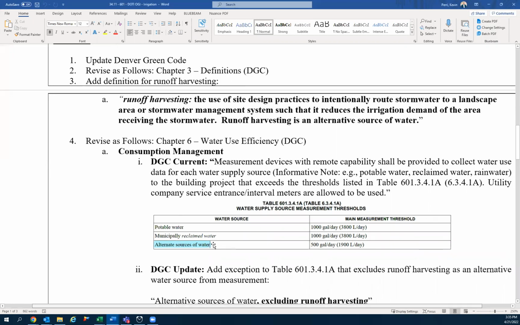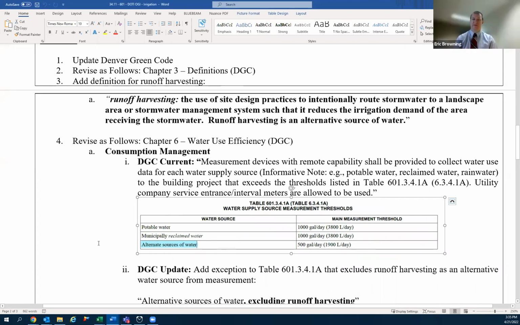Runoff harvesting is defined, and I'm wondering if there are other alternate sources that could be unintentionally included in this, which are not intended to be used. Not knowing exactly what that might be, I would just want to make sure that we're not including something under alternate sources that is not intended to be included.